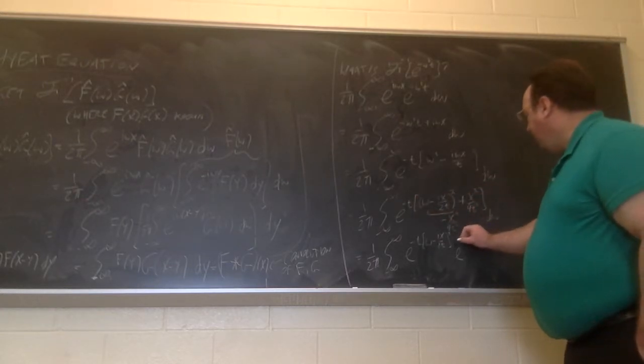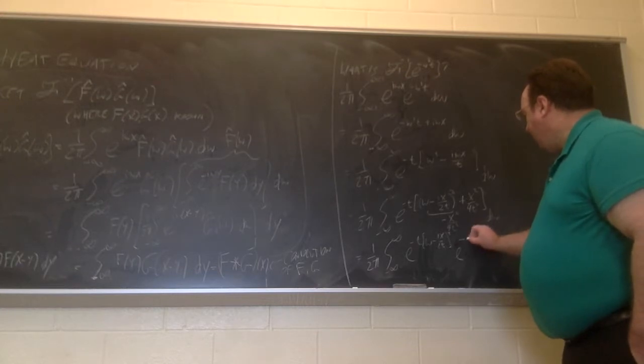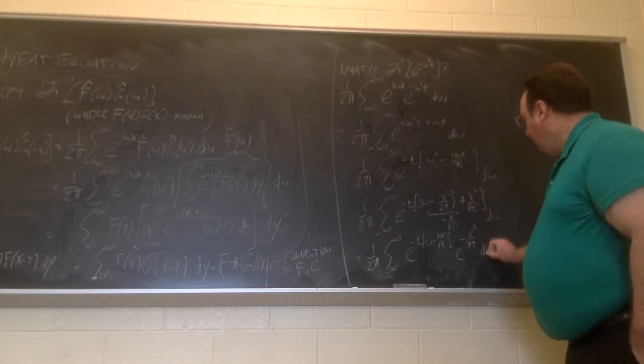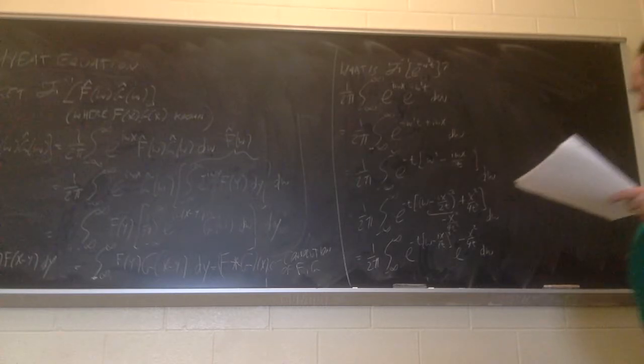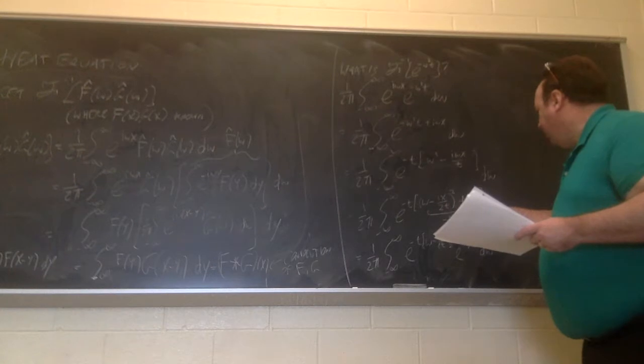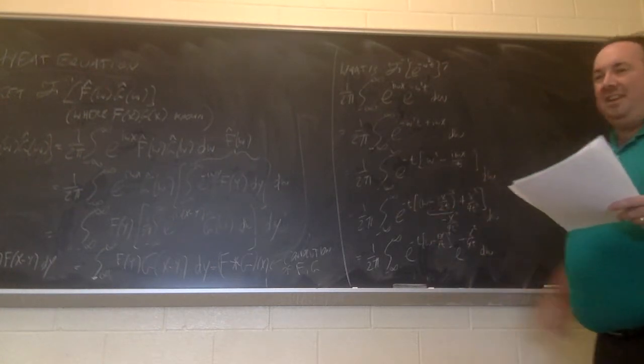So that's going to give me e to the minus x squared over 4t, d omega. No, because I have a t squared down here, but times t. Oh, yeah.